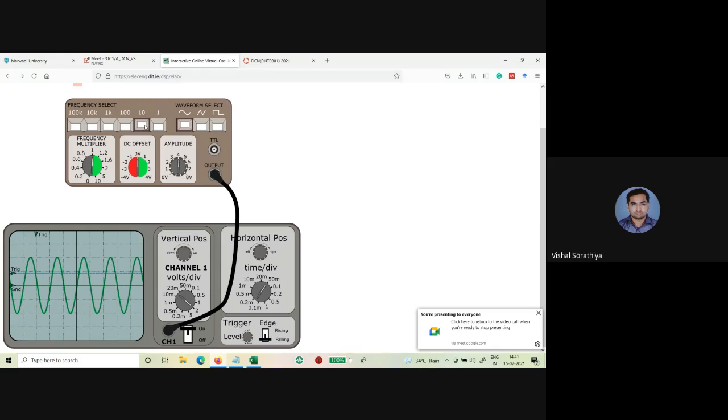Why? You can see there is a 10 hertz box selected and it's multiplied with 1. So whatever frequency was generated over here, you have verified it by looking at this screen. Has everyone got this? Yes or no? Please tell me. Any doubt?